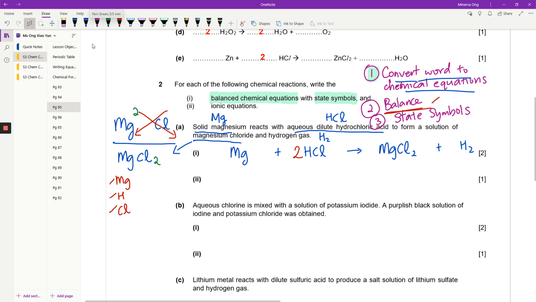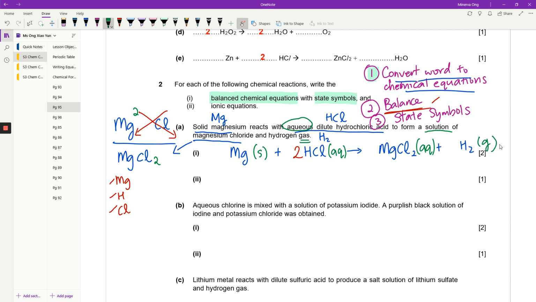So just now I was saying using green, solid. HCl, aqueous. The question already helped you. For aqueous, write aq. For magnesium chloride, you'll learn in a later chapter how to identify whether aq, solid, and so on. But because you haven't learned that, the question has helped you by saying it's a solution. So solution is aq. Hydrogen gas, so g.